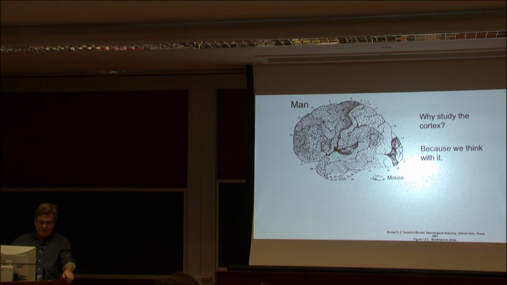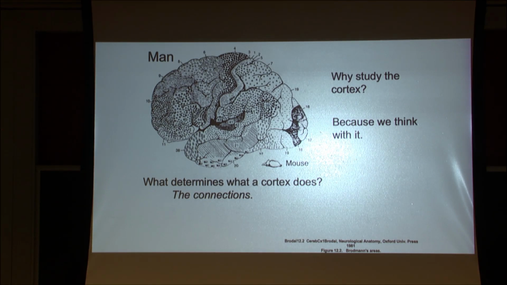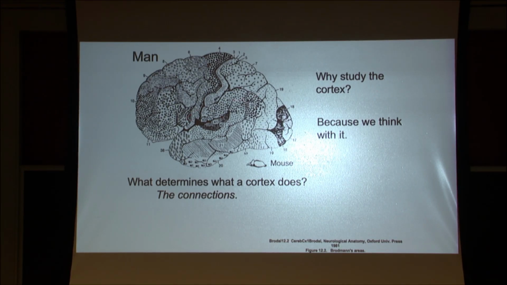And remarkably, the fundamental building blocks of the cortex and the architecture are very similar between man and mouse and any other mammalian species, not just the cells and cell types, but the layers and the statistics of connections to first approximation, which is why many of us, perhaps most of us, study the mouse, and why at the Allen Institute for Brain Science we study both the mouse and the human, trying to find connections between the two.